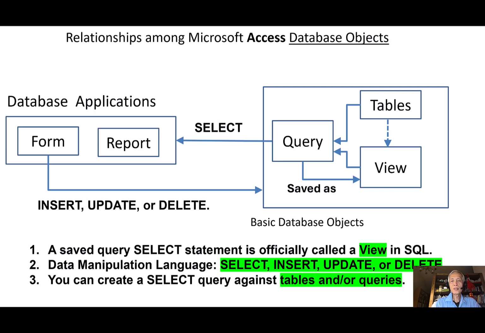So we have seen the basic database objects. The most fundamental one is the table. We can retrieve data from a table, and that is called a query. A query, which is a particular select statement, can be stored as a view.